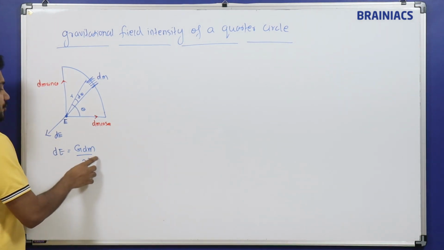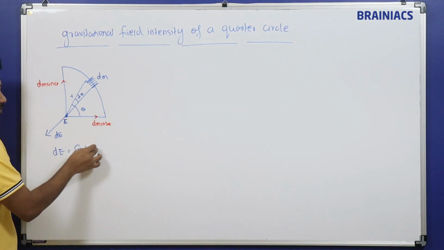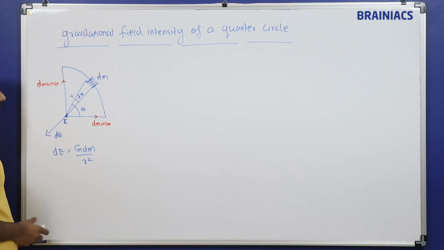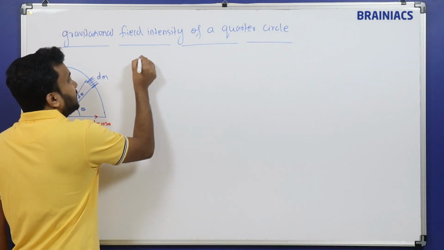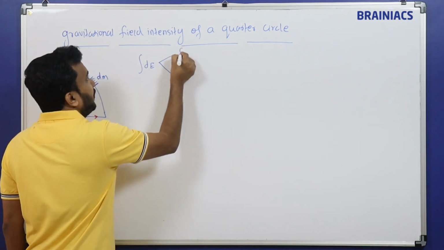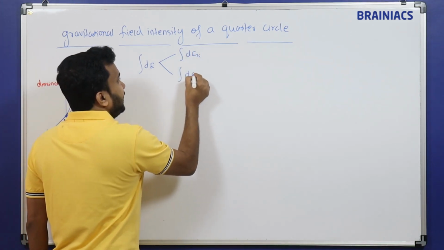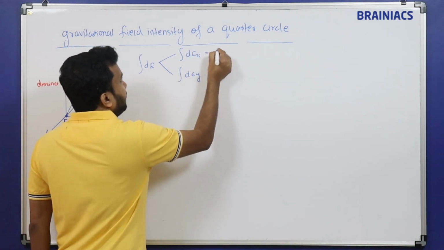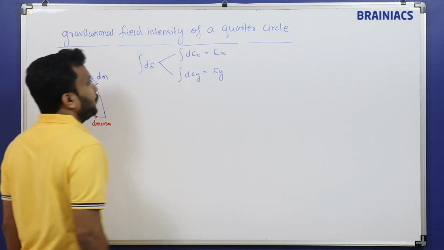So dE equal to G into dm by r square can be split into two components, cos theta and sin theta. The whole dE can be split into integral of dEx and integral of dEy. This will give the x component of gravitational field intensity, and this will give the y component.